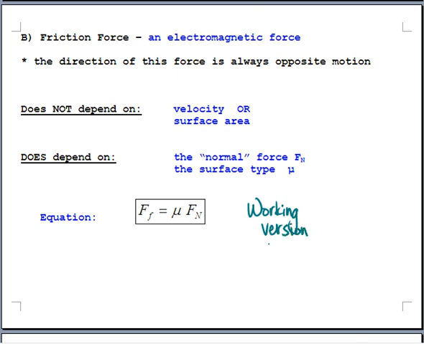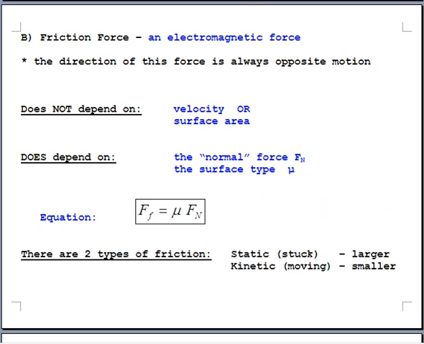The working version of this equation is that the force of friction is equal to the coefficient of friction, and that normal force, which is the surface pushing up, is equal to the force of gravity. So that's actually our working version, because the normal force is equal to the force of gravity. So we cheat, and I'm saying that in air quotes, we cheat and we use force of friction equals mu, the coefficient of friction, times mg.